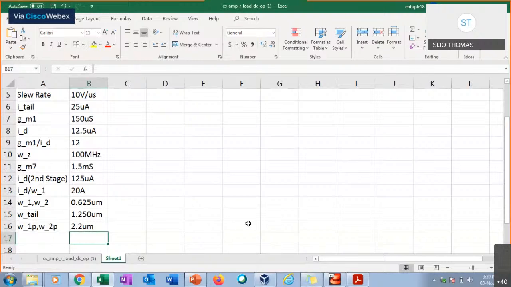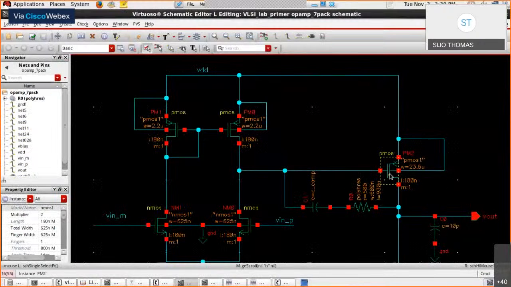Okay. Now we need to find it for the active PMOS device, that comes in the second stage. So there GM by ID value again remains the same, and current density value also remains the same. But ID value changes here, so it is 125 microamps.